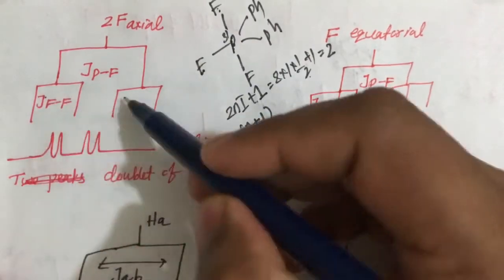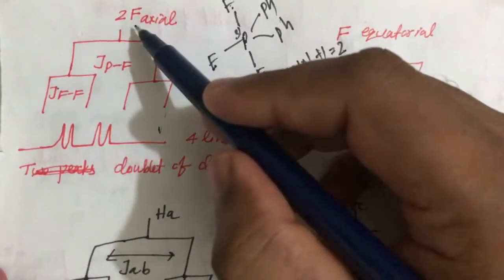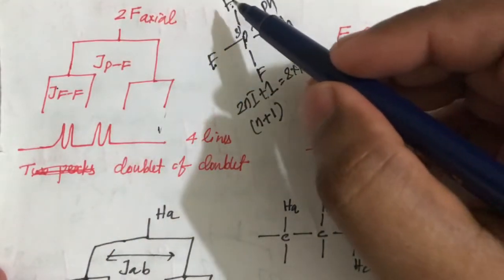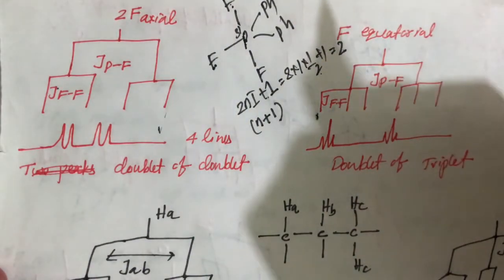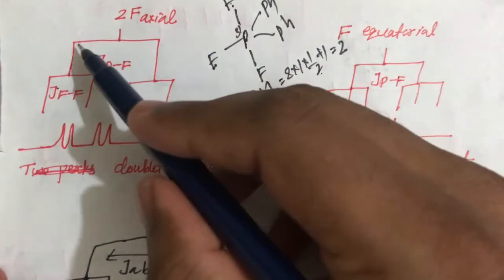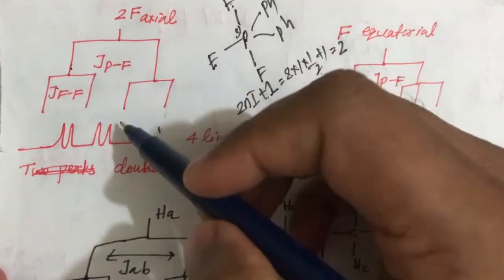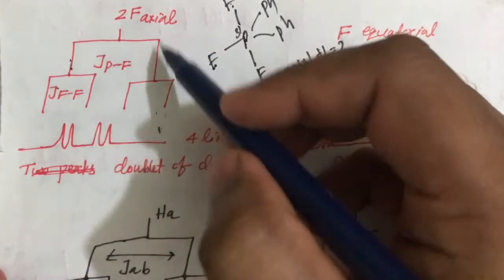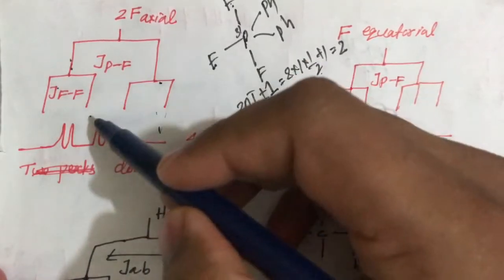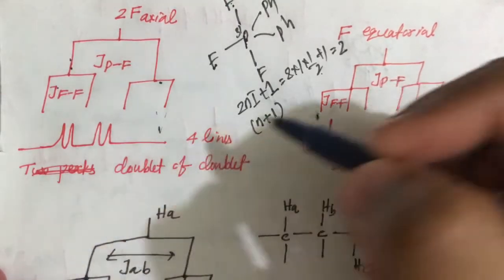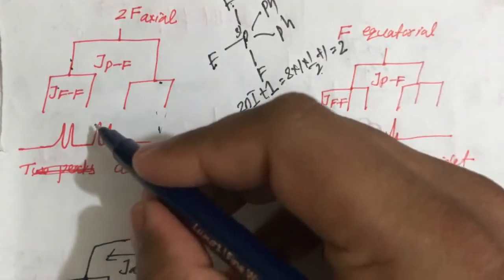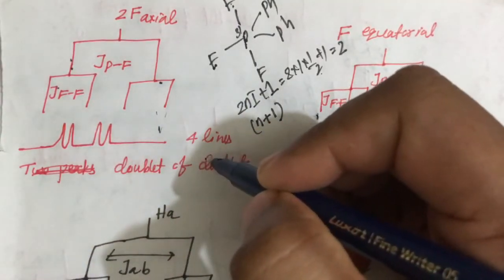Okay, that is 2. So this axial fluorine showing one peak is split in this fashion, that is a doublet of doublets. First it splits into a doublet, then again splits into a doublet, that is called a doublet of doublets.